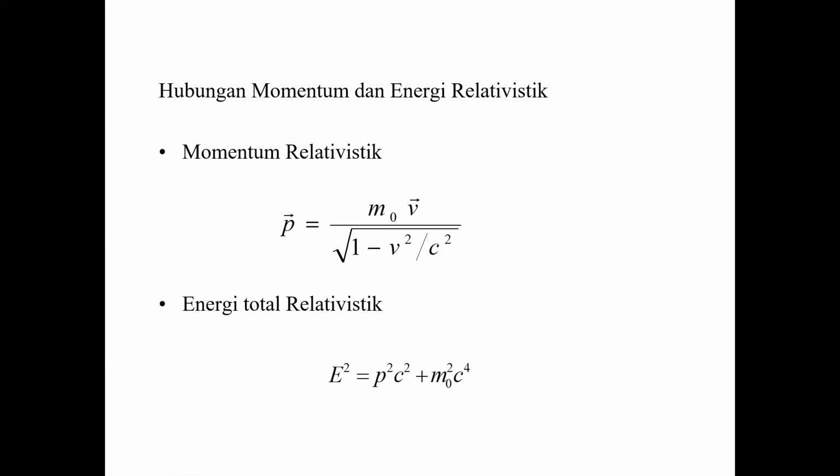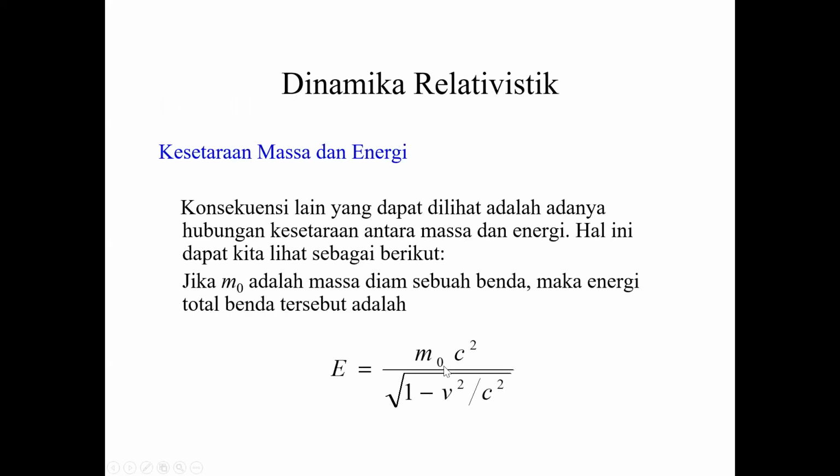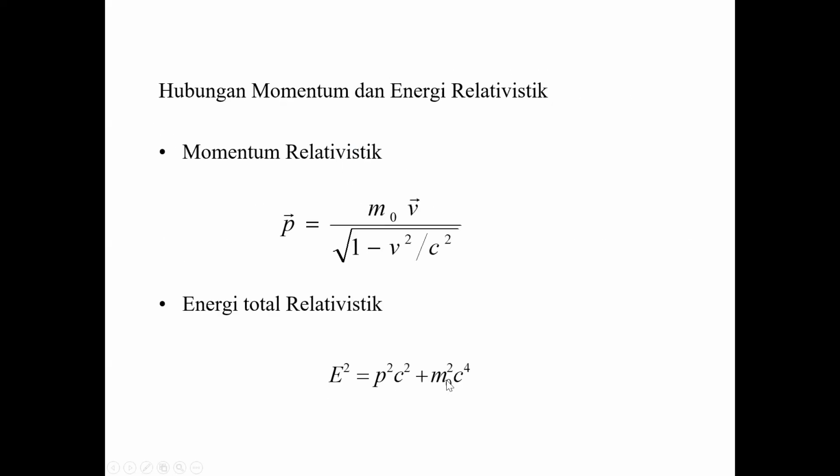And then we also have the relativistic momentum like this. Using this one and the total energy, we could get this formula. Somehow the total energy is related to the momentum.